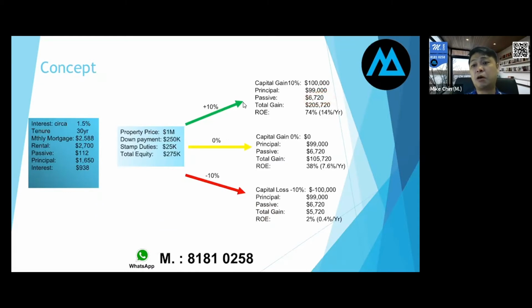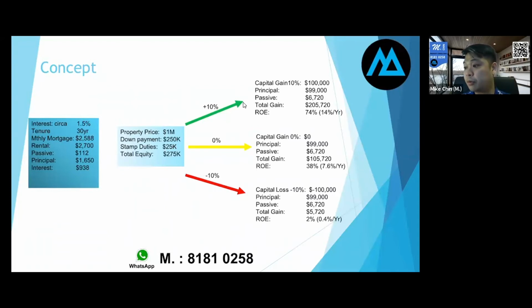So what is your down payment? A $1 million property, 25%, 250K, plus about stamp duty 25K, is about 275. Here we are talking about the concept. We are going to ignore some of the miscellaneous costs like property tax or the legal fees and all those. If those are minimal costs, as long as the whole concept works, it makes sense, right?